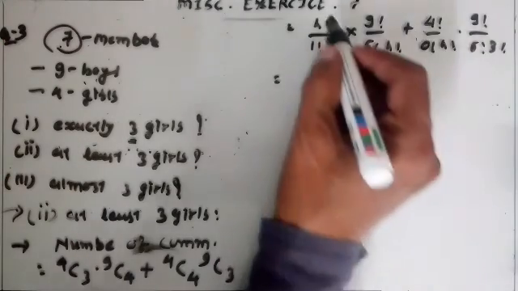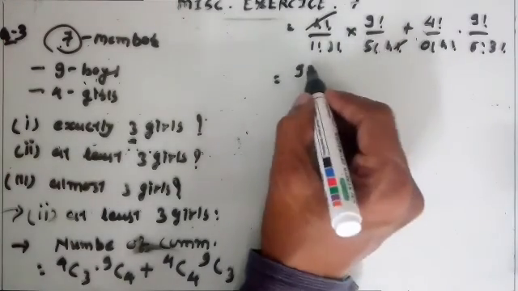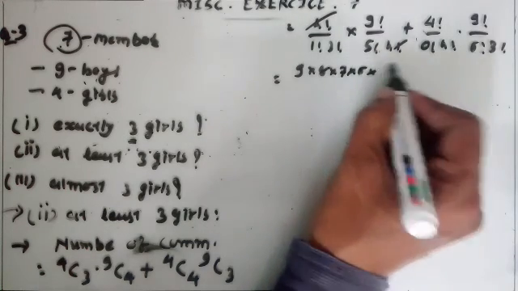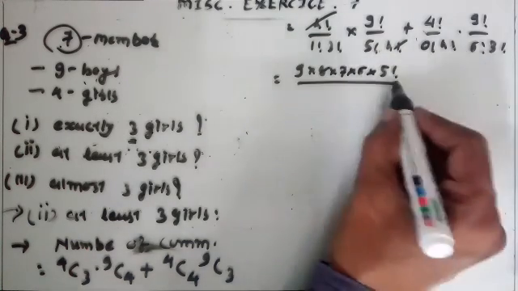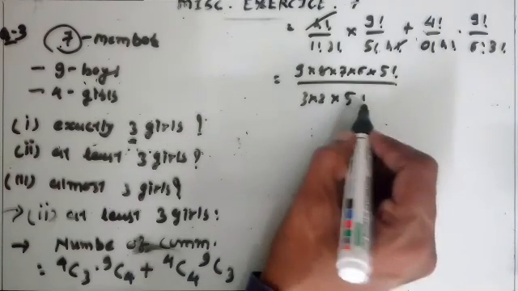So, the 4 factorial cancels from both. 9 factorial is 9 into 8 into 7 into 6 into 5 factorial upon 3 factorial, that is 3 into 2 into 5 factorial.